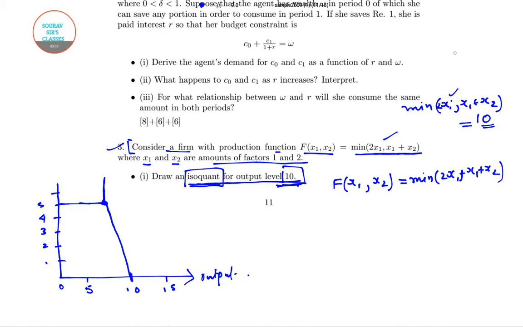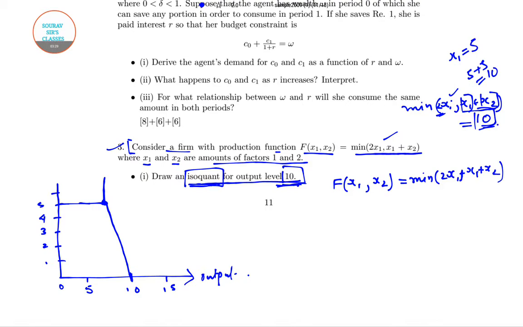2x1. If x1 is equal to 5, then 2x1 will be equal to 10. And when x1 and x2 are both 5, then 5 plus 5 equals 10. So the minimum of 2x1 and x1 plus x2 is 10.